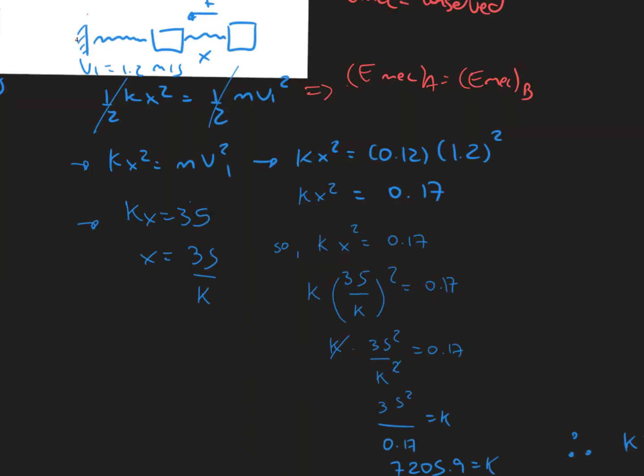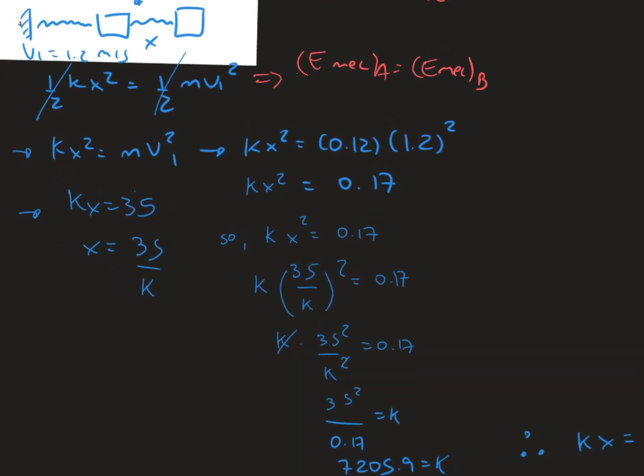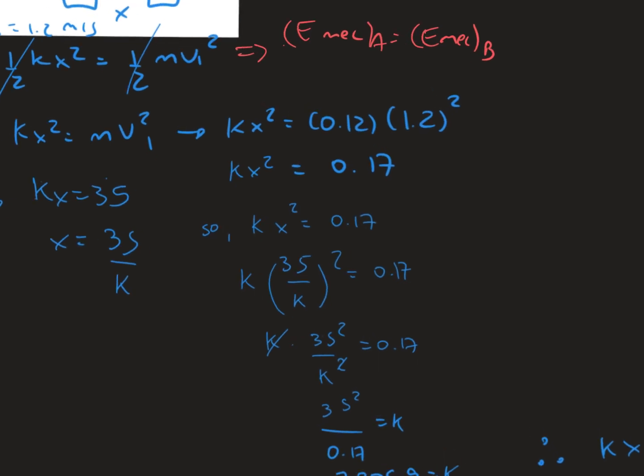We can rewrite x as 35 over k, so we can solve for k. So k squared equals 0.12 times 1.2 squared, the mass times the velocity squared. So k squared is going to be 0.17.